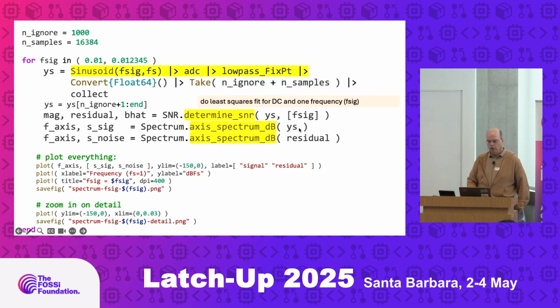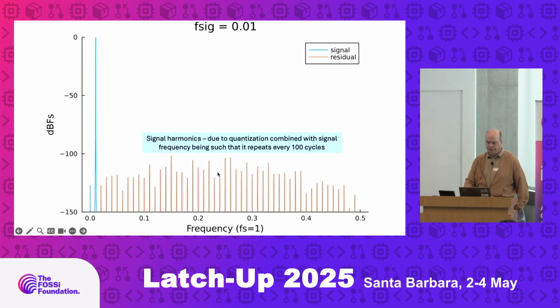And then we'll take a look in the frequency domain of the output of the filter and the residual signal, and we'll see how they compare. And then we'll plot all that, and we end up with this. Now this is a beautiful harmonic series because my input frequency is such that the points are repeating every 100 cycles.